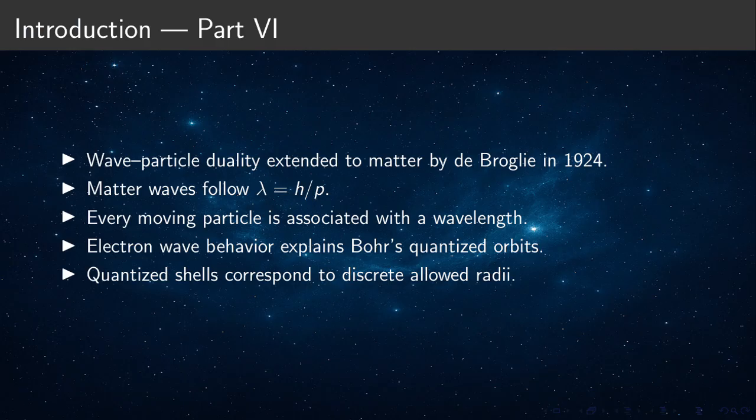This proposal implied that every moving particle is associated with a wave, and for the electron, this wave-like behavior provided a natural explanation for the quantized orbital structure first introduced by Bohr.